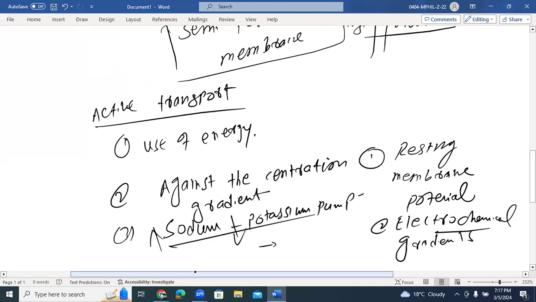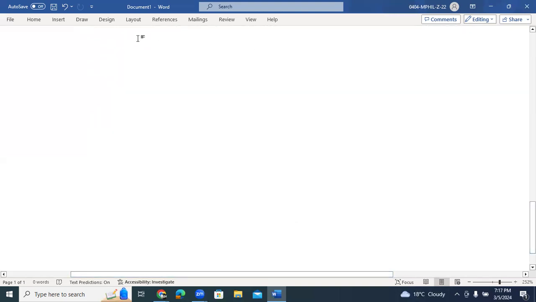Now you have another example in which you have to utilize energy, and that is bulk transport.